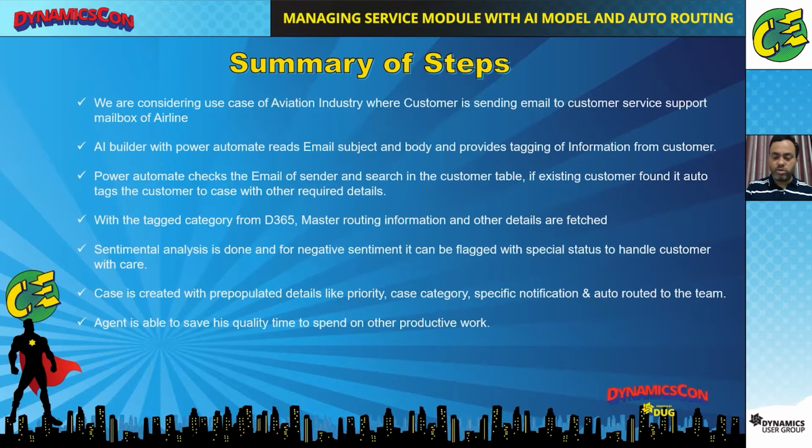Power Automate checks the sender's email and searches the customer table. If an existing customer is found, it auto-tags the customer to the case with other required information. With the tagged category from Dynamics 365, we use master routing information. We maintain one master routing information table where all the information is kept. It will automatically fetch from there, tag and classify the case, and route it to the respective department.